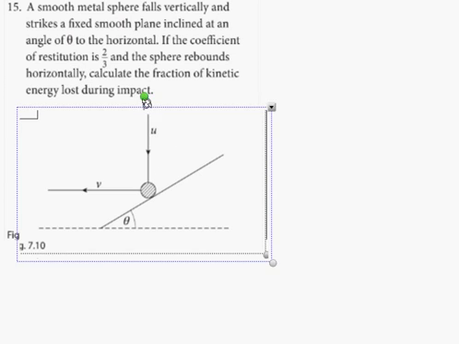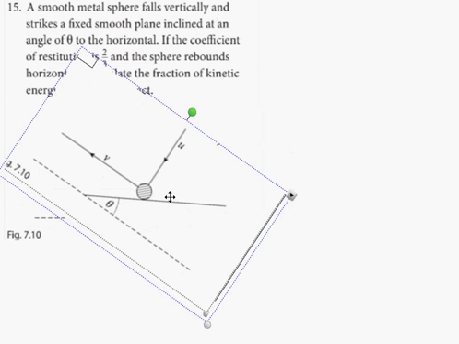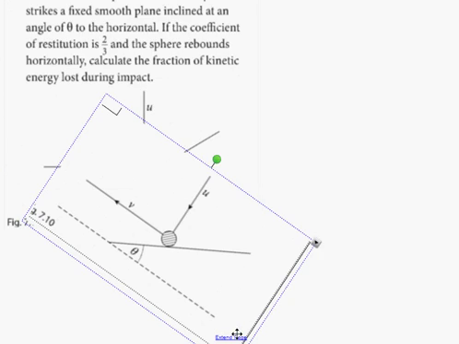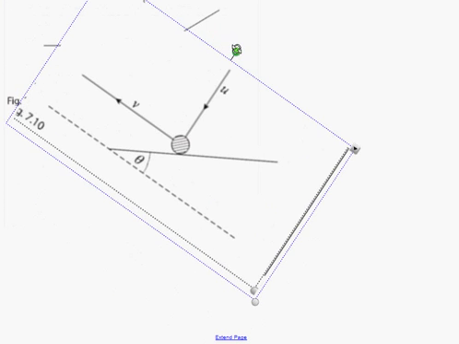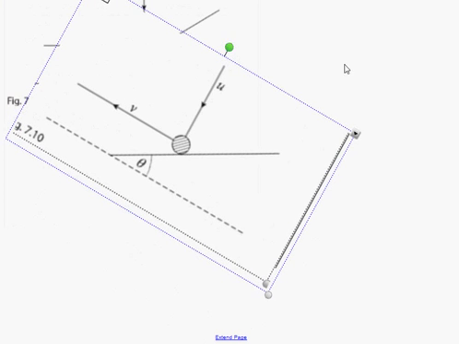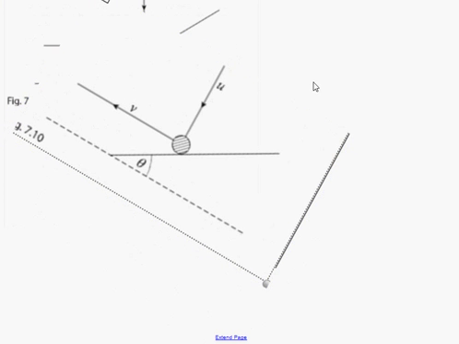Okay, so kind of rotate around like last time, and here we go. Perfect. Now, let's see how to construct this.